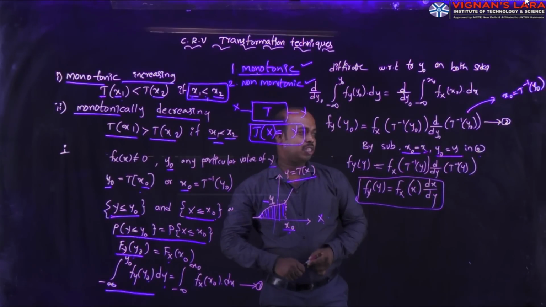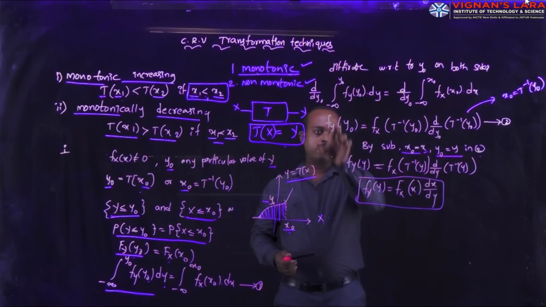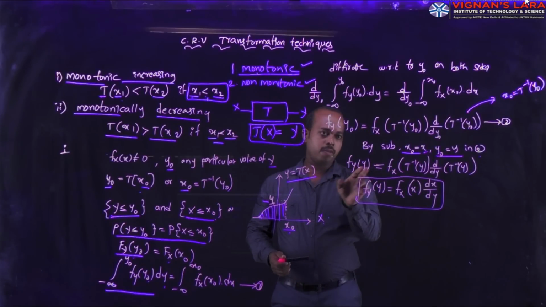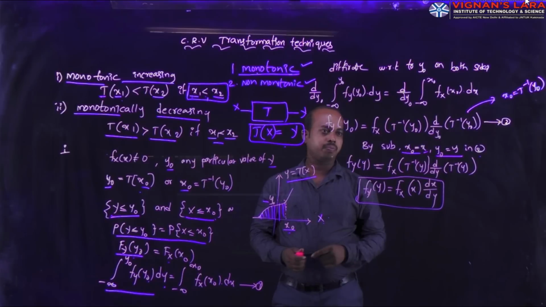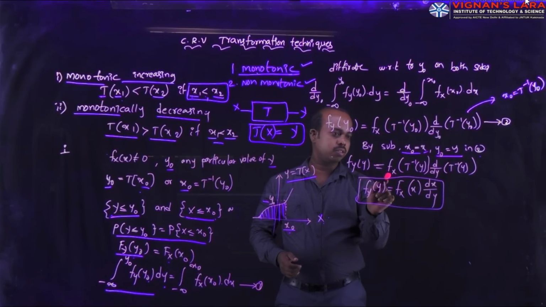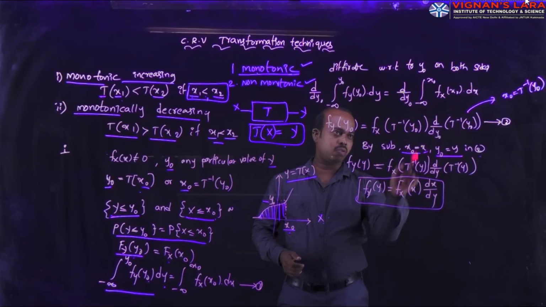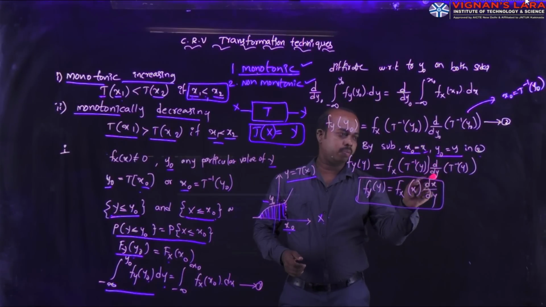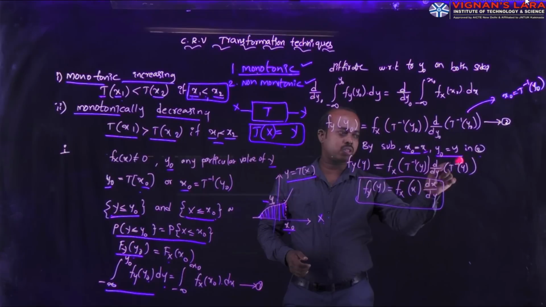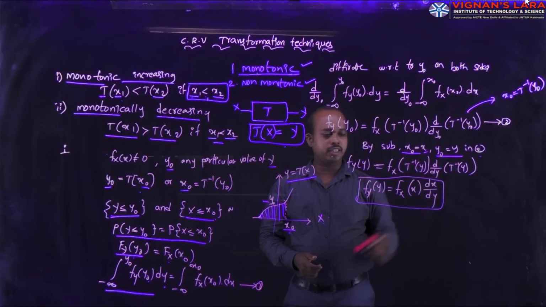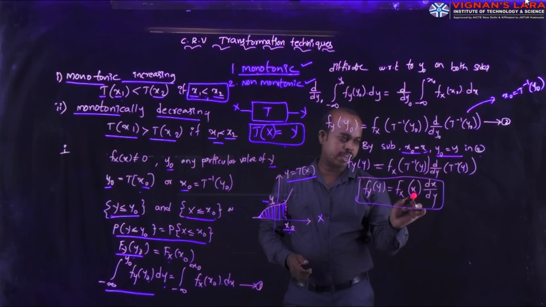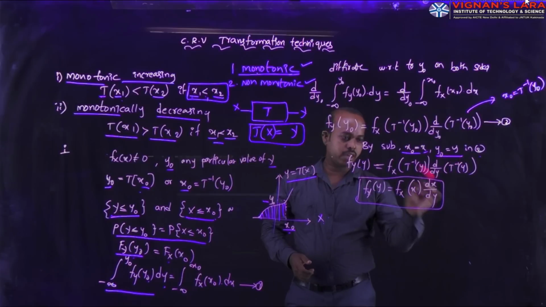After keeping these quantities in this equation, you can write f_Y of y is equal to f_X of x into the T inverse of y into d by dy of T inverse of y. Finally, this entire quantity is equivalent to x, and this entire quantity is equivalent to x.